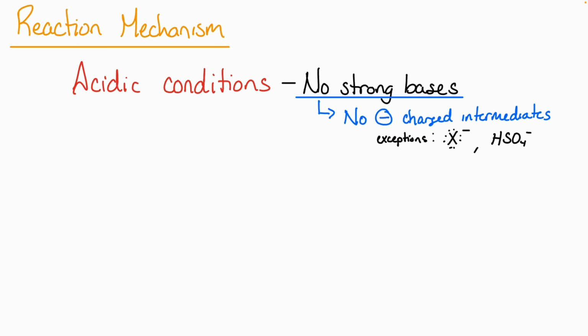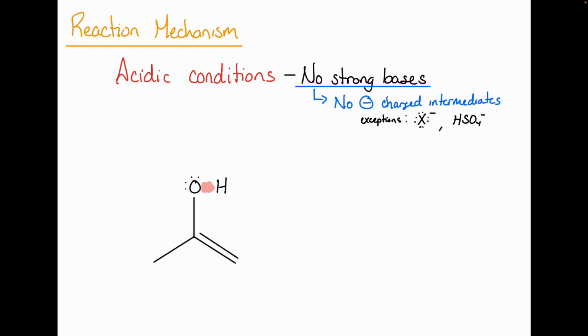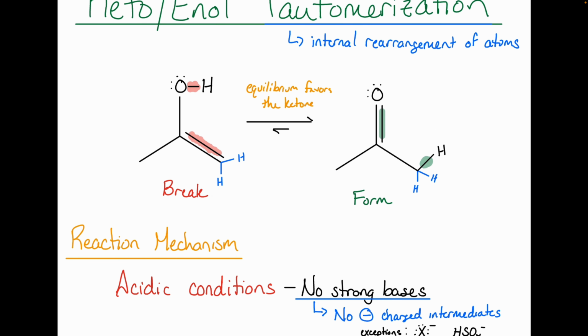All right, so let's take our enol. We want to show our equilibrium here to our ketone. We noted what bonds we should be making and what bonds we should be breaking.